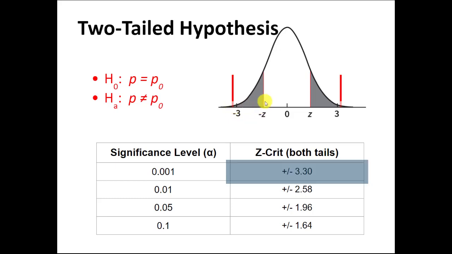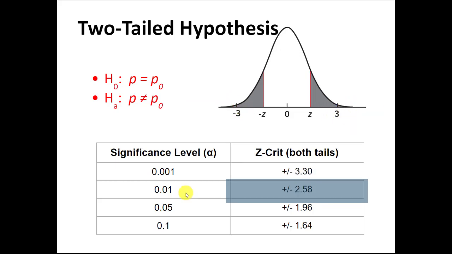So instead of being over here, it's going to be way down here. And it's also going to be positive 3.3, so it's going to be way up here. So it's saying, here is my Z-crit. Anything greater than positive 3.3 or less than negative 3.3 gets rejected. Okay, see how that's really hard to do? Look at how tiny that little probability is.